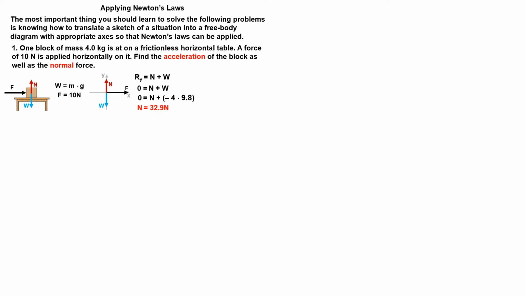The resultant force in the x direction is the sum of all forces in the x direction. But in the x direction there is only one force, which is F. The resultant force is mass times acceleration. Therefore, the acceleration is 2.5 meters per second squared.